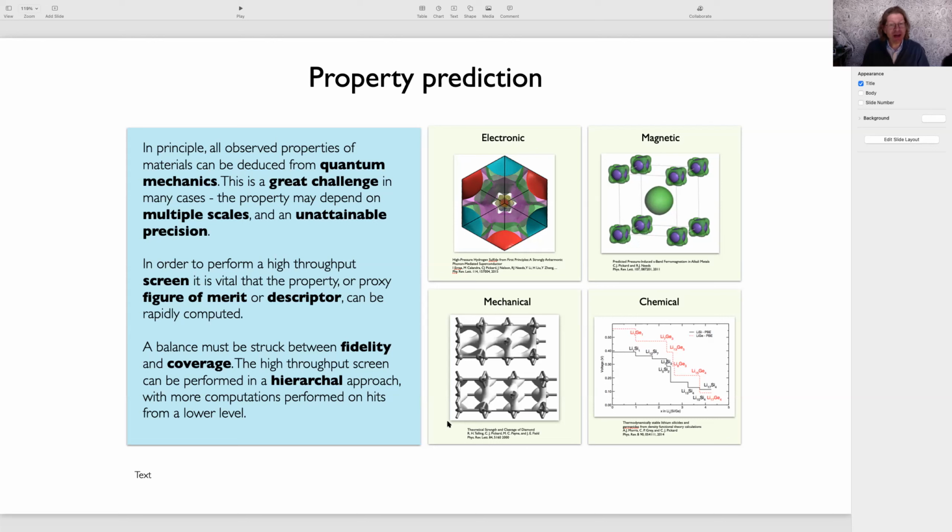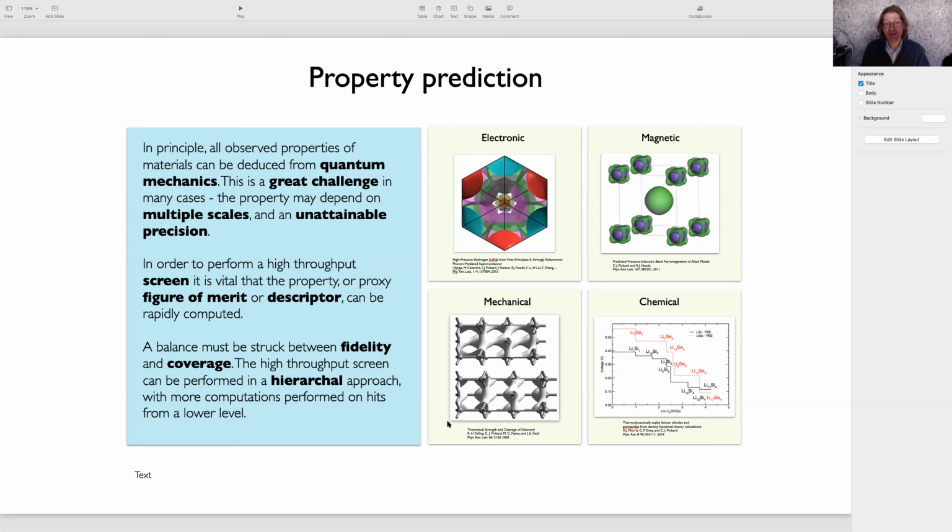An area where it's maybe relatively easy, for example, is photovoltaics, where a lot of what you're interested in is band structure. These are something we can calculate rapidly and fairly accurately using first principles and beyond methods. So I highlight here that what you would typically do is a broad sweep with maybe a cheap but lower quality descriptor, just to get an idea of what might be good candidates to consider further.